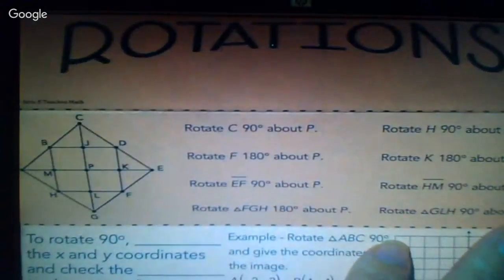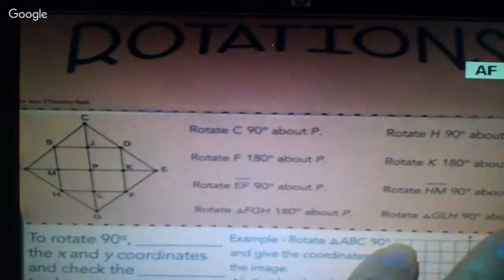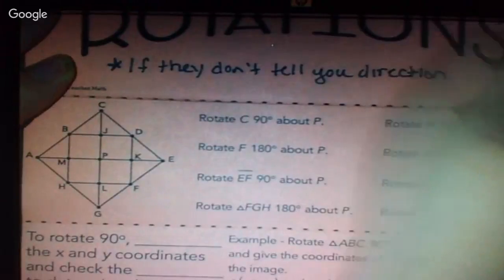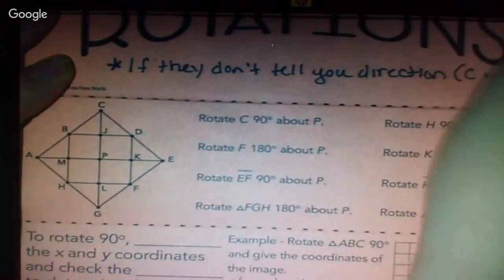Okay, so the first thing I need you to put, and I need you to put this up near the title, so you've got this, okay? I need you to put yourself a little footnote. And that footnote should say, if they don't tell you direction, which means they don't tell you clockwise or counterclockwise, it is always counterclockwise.